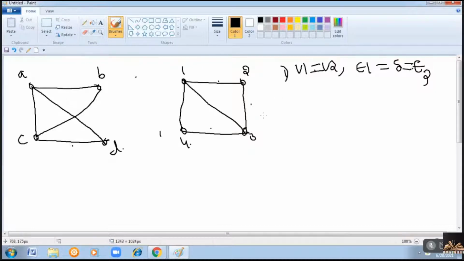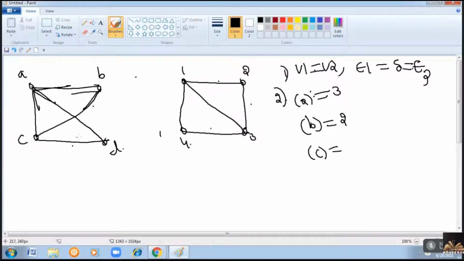Now you find the degree sequence. The degree of A is 3, as it is adjacent with 1, 2, 3. B is adjacent with 1 and 2. C is adjacent with 1, 2 and 3. And D is adjacent with 1 and 2.